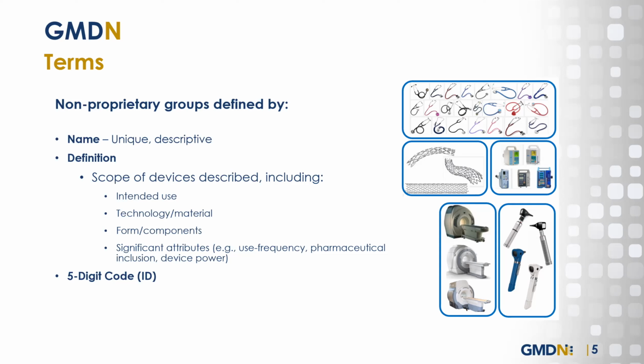For example, use frequency, power, if it's electrically powered or not, and a series of other significant attributes. So the main mission of our technical work is to group devices by type in a way that the data can be used for analysis and for inventory management.